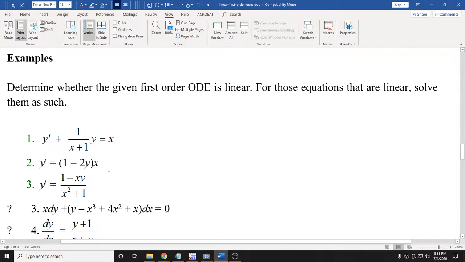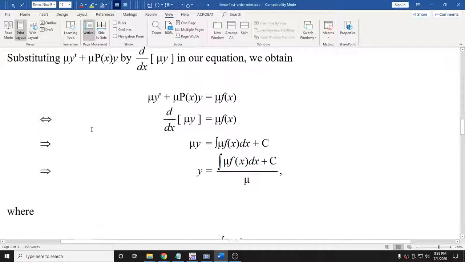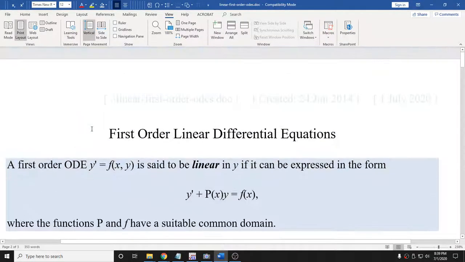Okay, next example, y prime equals 1 minus 2y times x. The way it is written right now does not reveal whether it is a linear equation in y. But let's see if we can try to fit the frame, see if we can make it look like a generic linear equation in y.